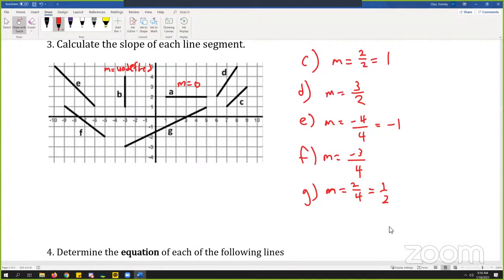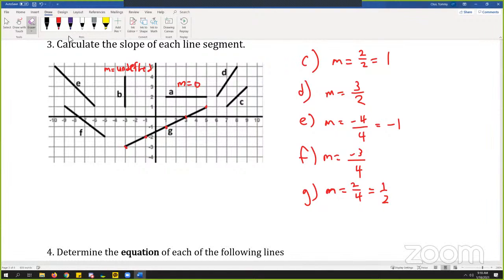Any questions on calculating the slope using rise over run? I have a question. Yes. How you did the G? So for G, there's a lot of points on the line. You'll notice there's 5 different points you could have used. So for me, I personally saw this one first, which is 2 over 4. Now, you could have done differently.